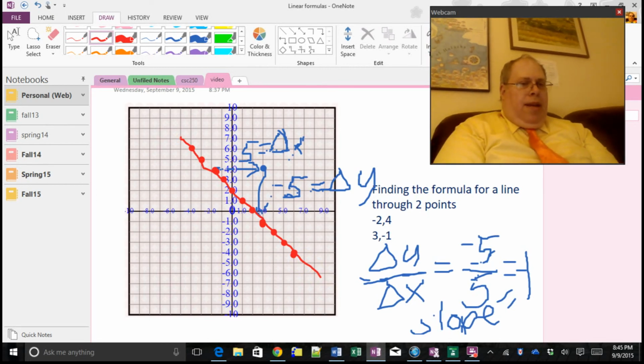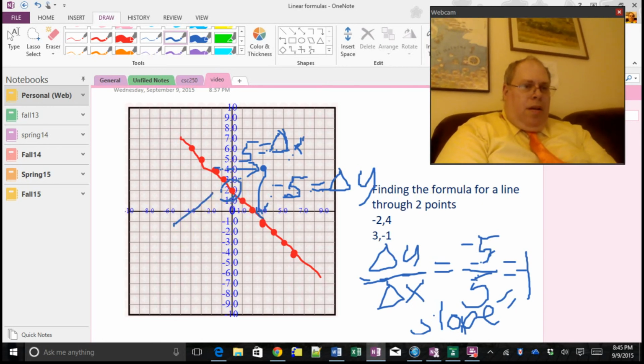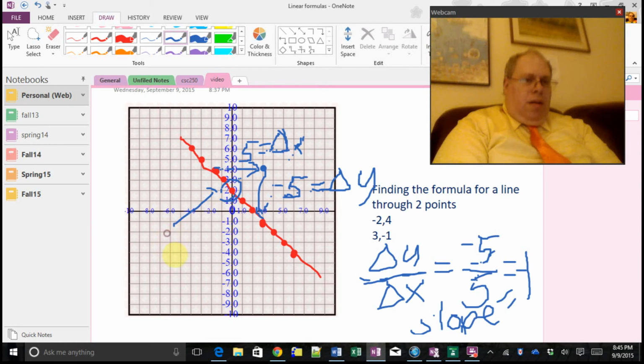So this point right over here is the y-intercept.